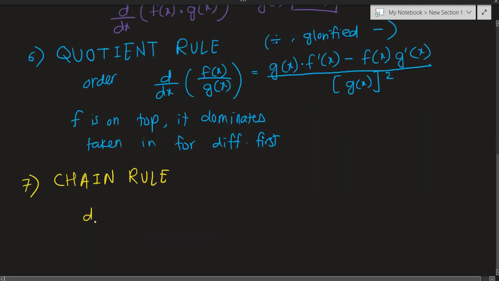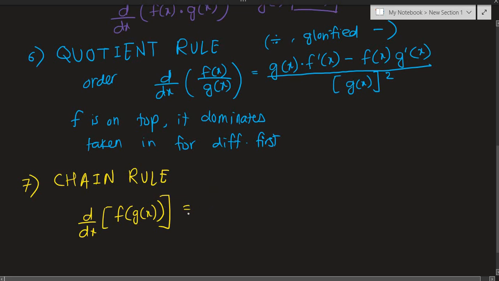So what if you have the derivative of f of g of x? So it's basically a composition of functions. So g of x is inside the argument of f. Basically g of x is being taken as an input inside the function f.